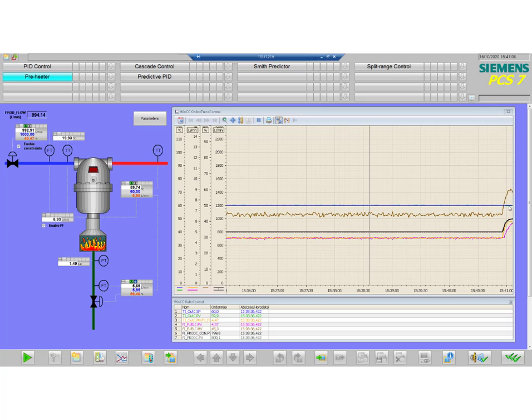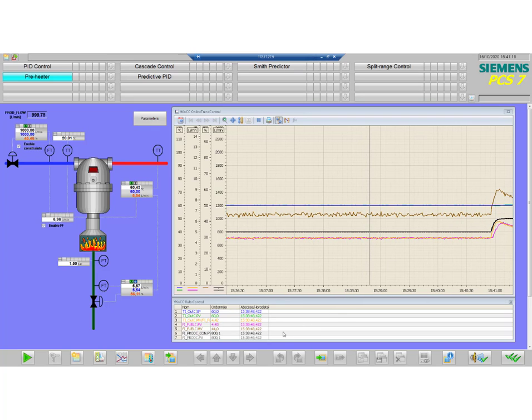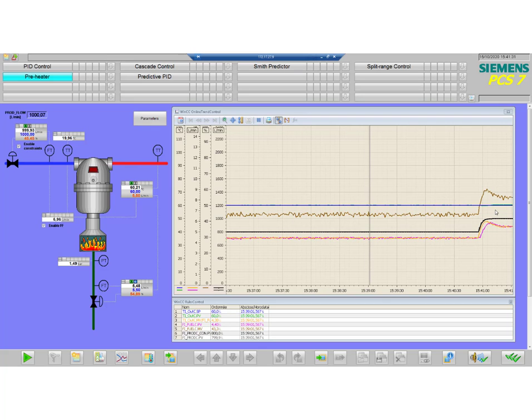And here the set point temperature is given in blue and the output temperature is given in green, right? And as you can see, the product flow has changed here to 1,000 liters per minute. There is some impact on the temperature, but it looks rather small.